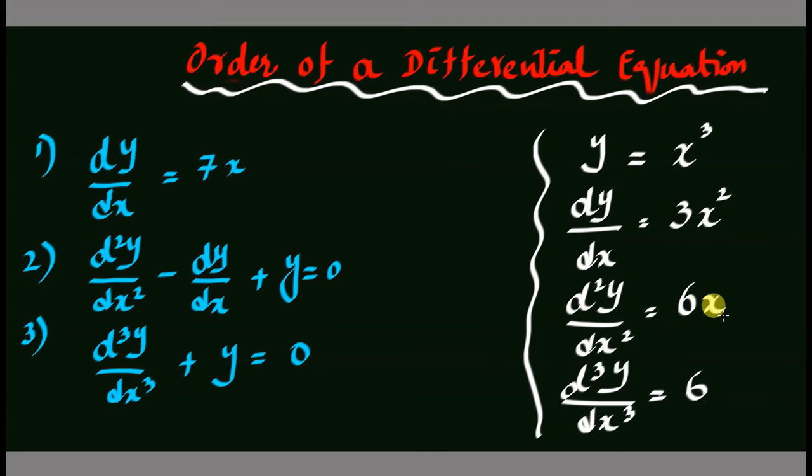So equation 1 is a first order differential equation, equation 2 is a second order differential equation, and similarly equation 3 is a third order differential equation. So what is the order of a differential equation?